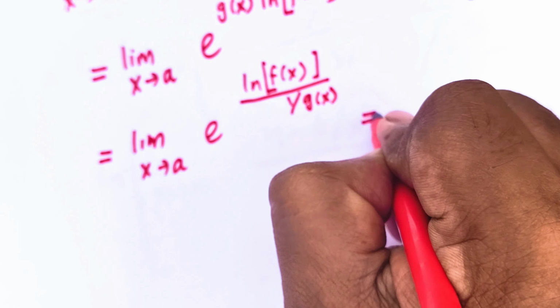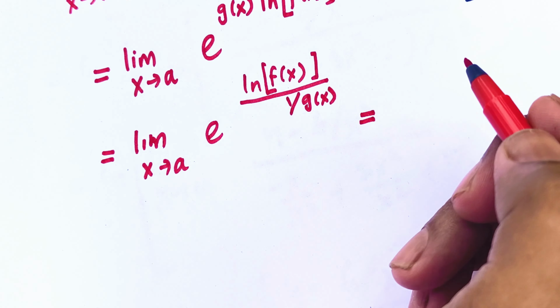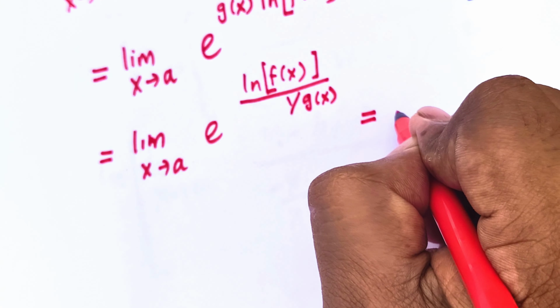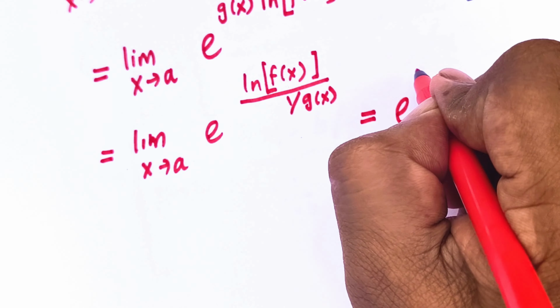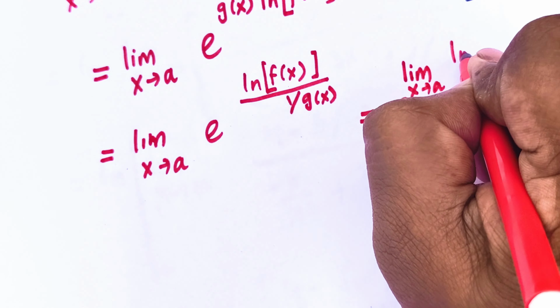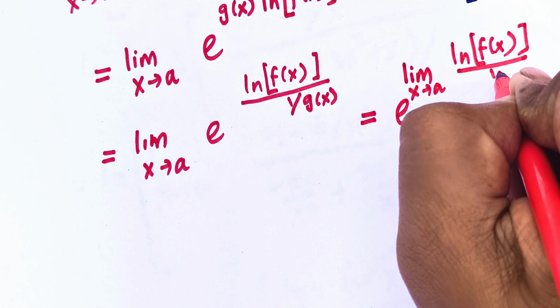And take the limit inside of the exponential. Since exponential is a continuous function, we know that with continuous functions, we can take the limit inside. So we have this limit as x approaches a of ln f(x) over 1 over g(x).